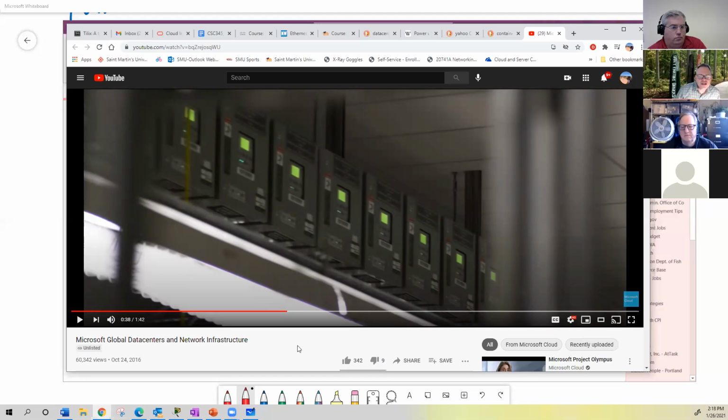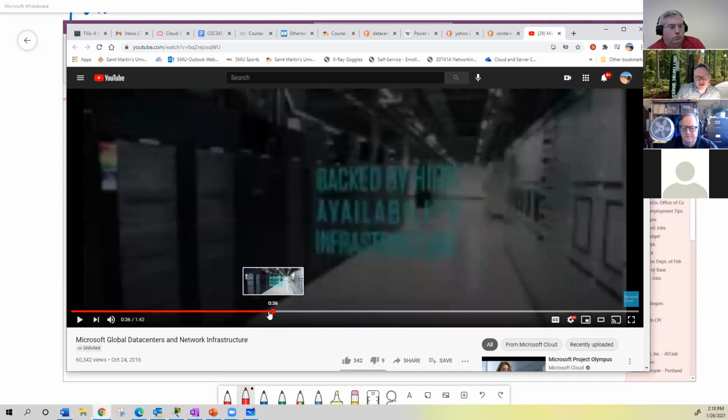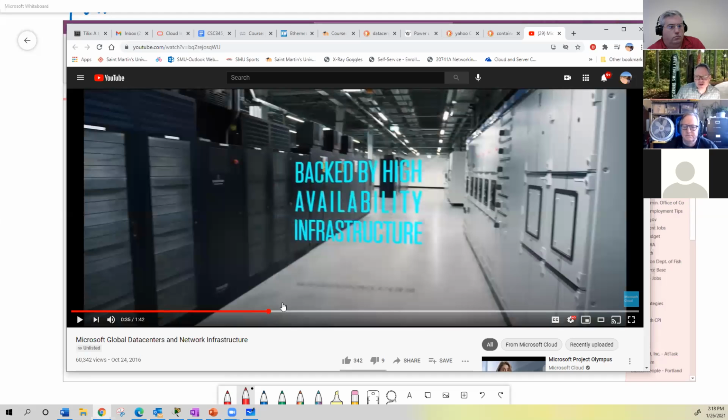And those are dynamic power circuits that can be changed, modified. Okay. Here's some power distribution equipment over on the right, servers and so forth, I believe, over on the left. Okay.